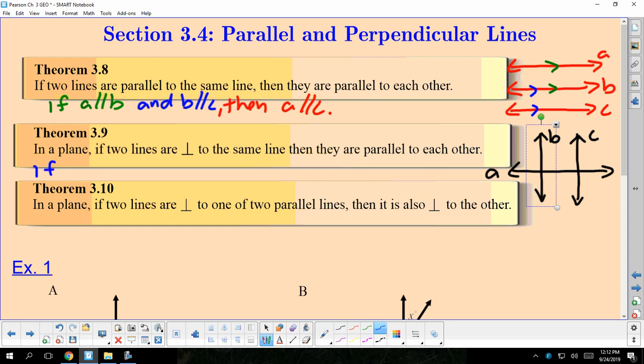if A is perpendicular to B, and A is perpendicular to C, so these guys are both perpendicular, what we know then is, B is parallel to C. So they're parallel to each other.